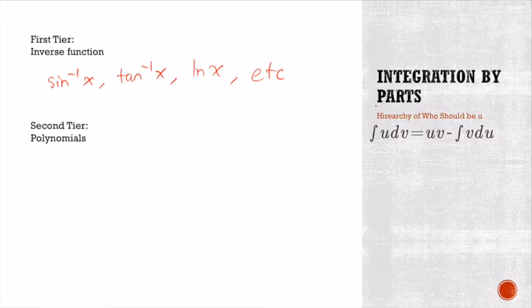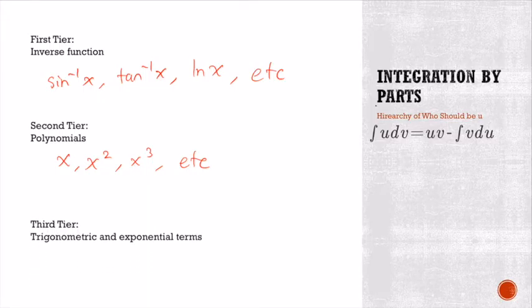The second group we prioritize are polynomials, such as x, x squared, or x cubed. Lastly, we will choose sinusoidal terms and exponential terms, like sine x, cosine x, or tangent of x.